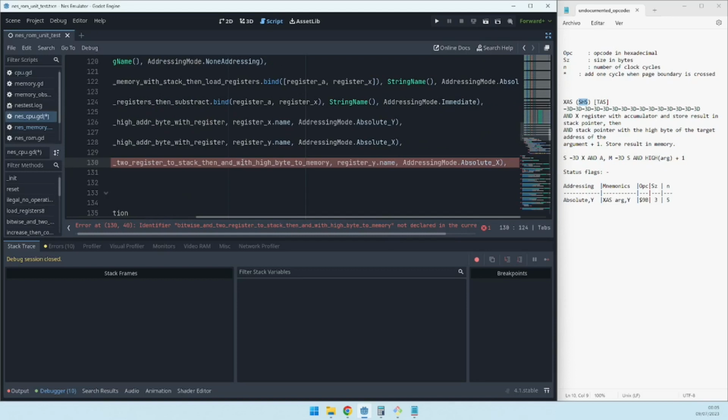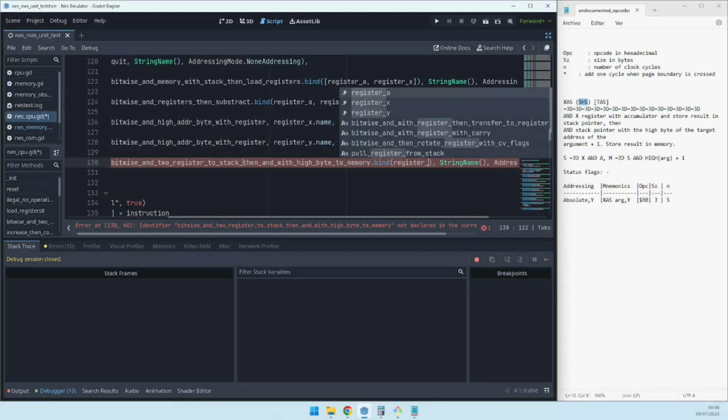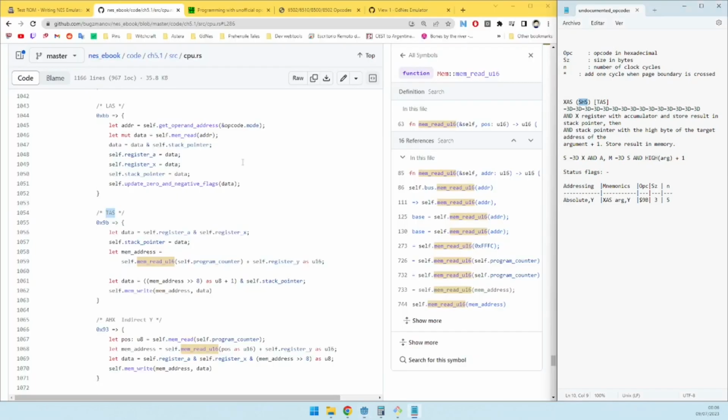And this takes two registers. So it will be saved into one of the registers. No? No, it is not saved.